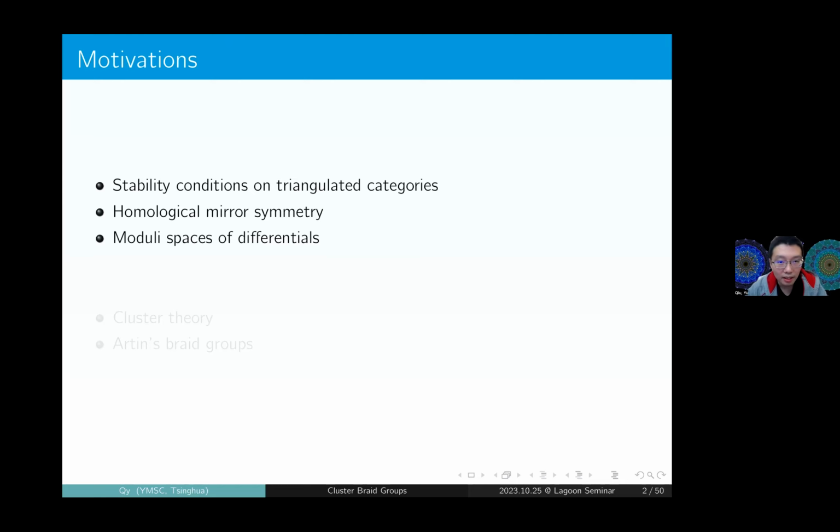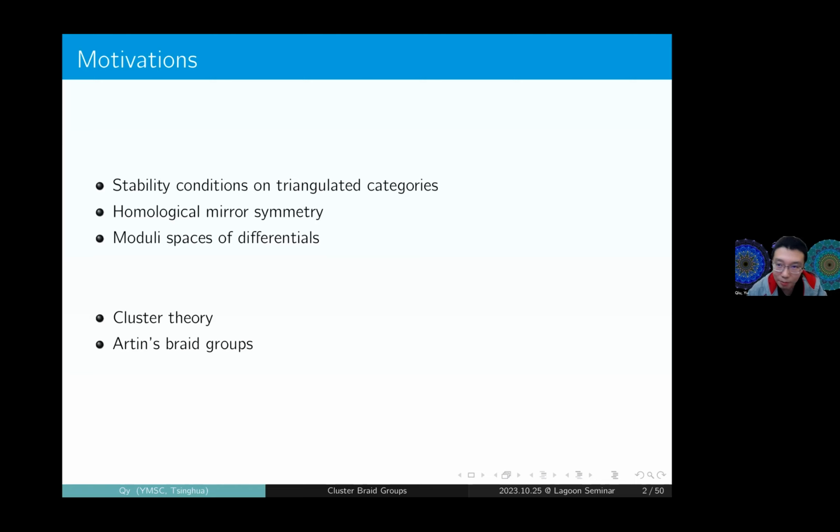By now, there are many works showing that the space of stability conditions can be identified with the moduli space of quadratic differentials. So we have some application of cluster braid groups to the differential side, which I think is very interesting. But for this talk, I will mainly focus on the cluster theory and Artin's braid group.